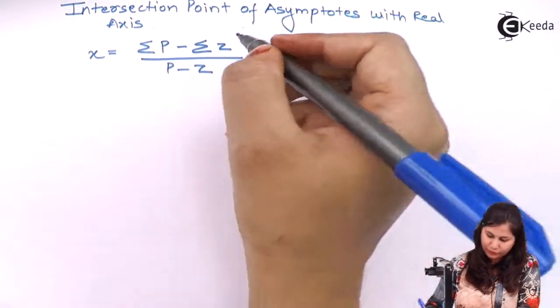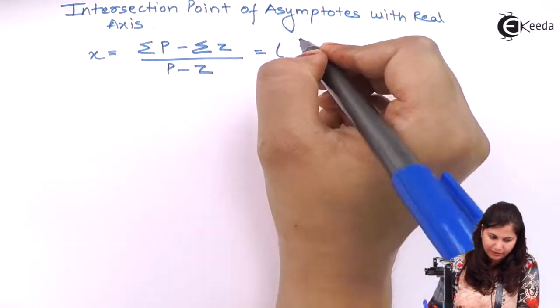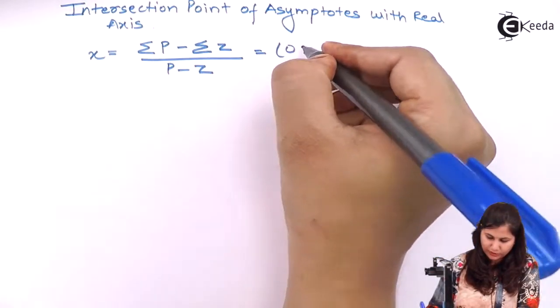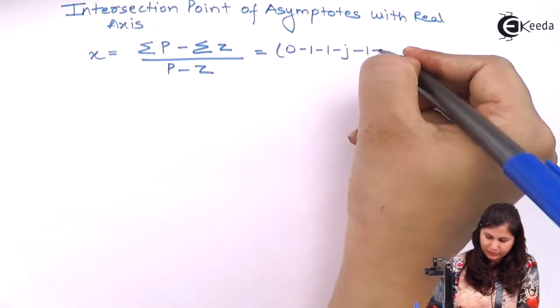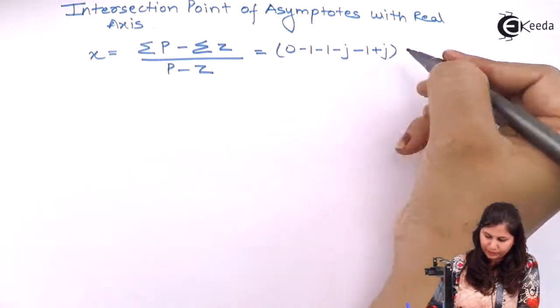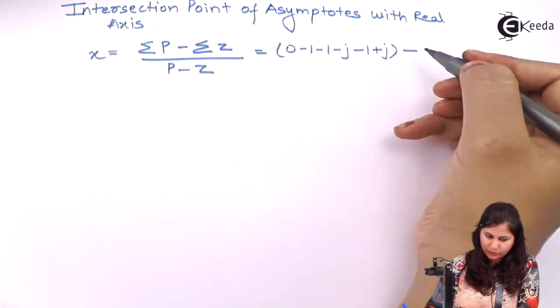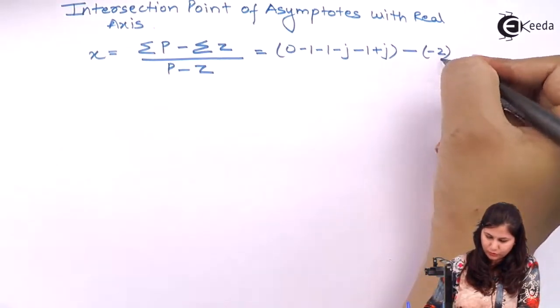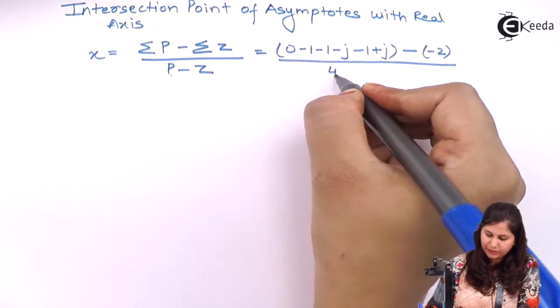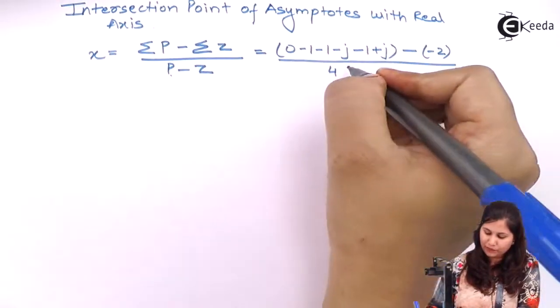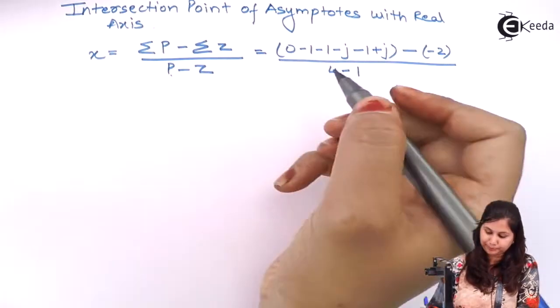So putting the values of the poles, we are having poles at s equals to 0, minus 1, minus 1 minus j, and minus 1 plus j. Then we have the zero at s equals to minus 2, so putting its value here. Number of poles is 4, and number of zeros we have 1.